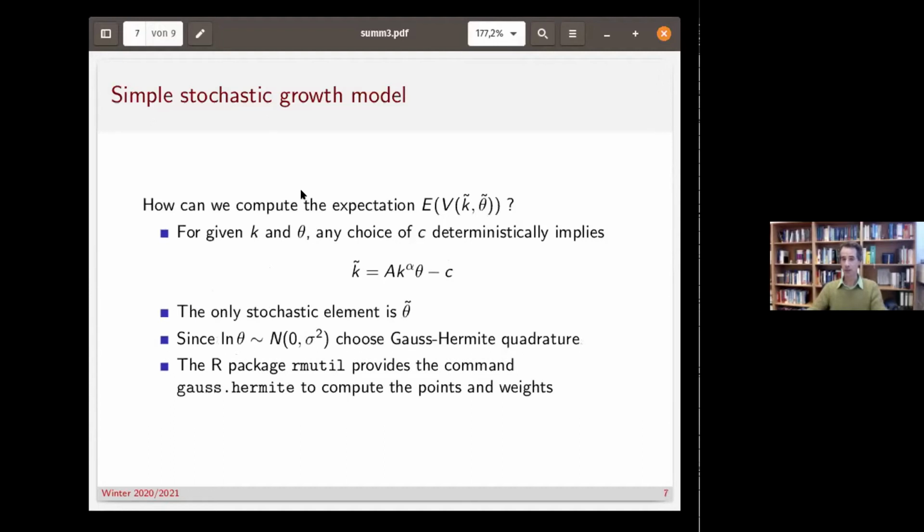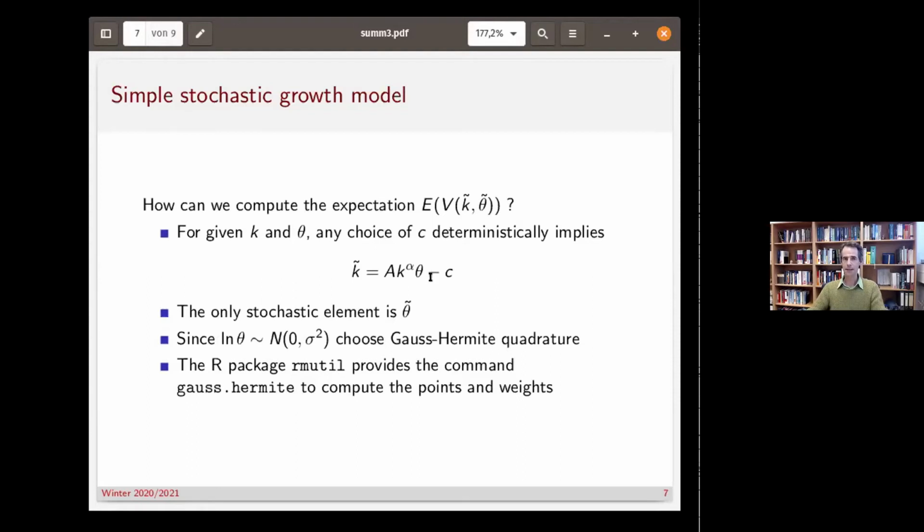Then how can we compute the expectation? Well, for any given state variables and for any choice of the control variable, the consumption, we already know deterministically what the capital stock in the next period will be. So there's no stochastics in here, and therefore there's no need to compute an expectation in this dimension.